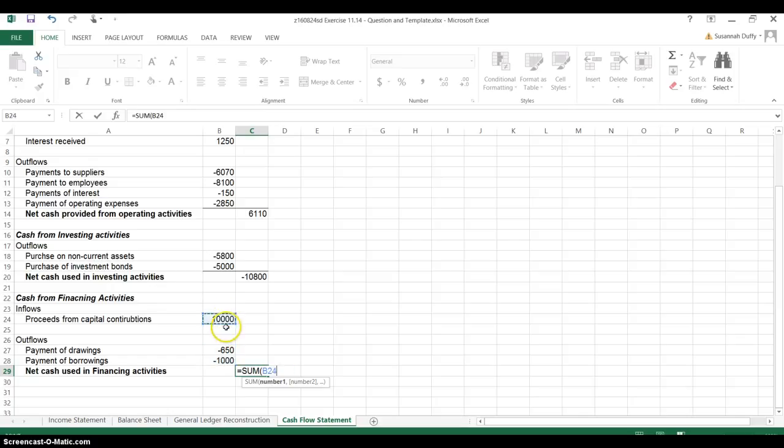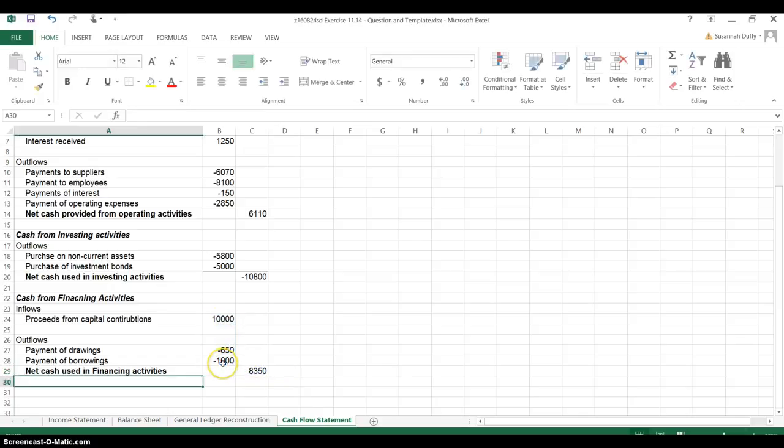Oh, no, and the cut one. Oh, so because it's a positive, which I can do, we need to change that to say provided by. Now we're up to the final step.